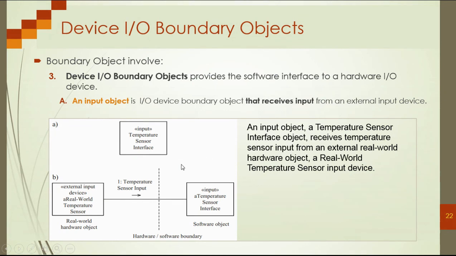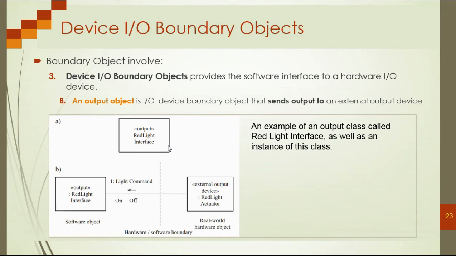In this example, the sensor software object receives the temperature from the external world hardware object. This is an example of an input object.